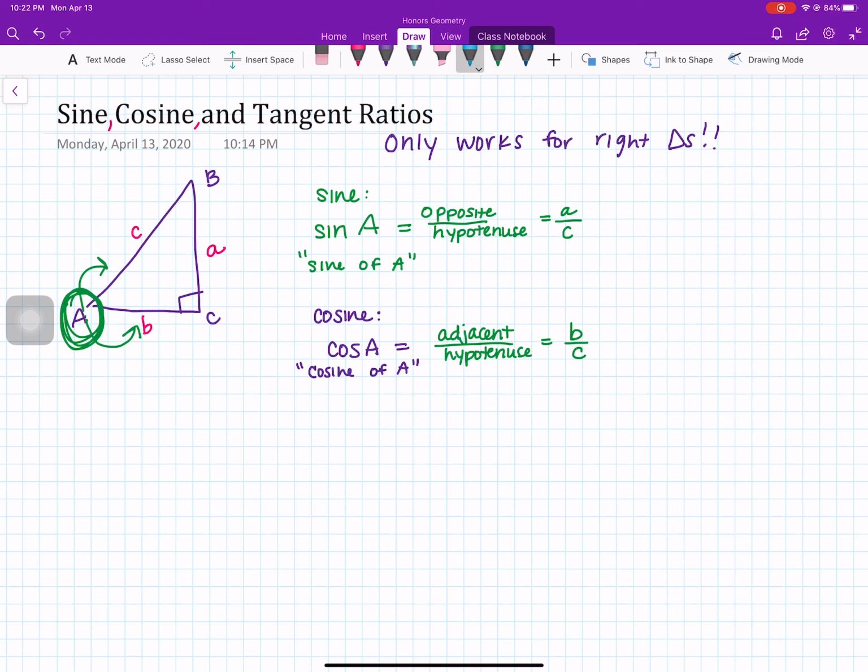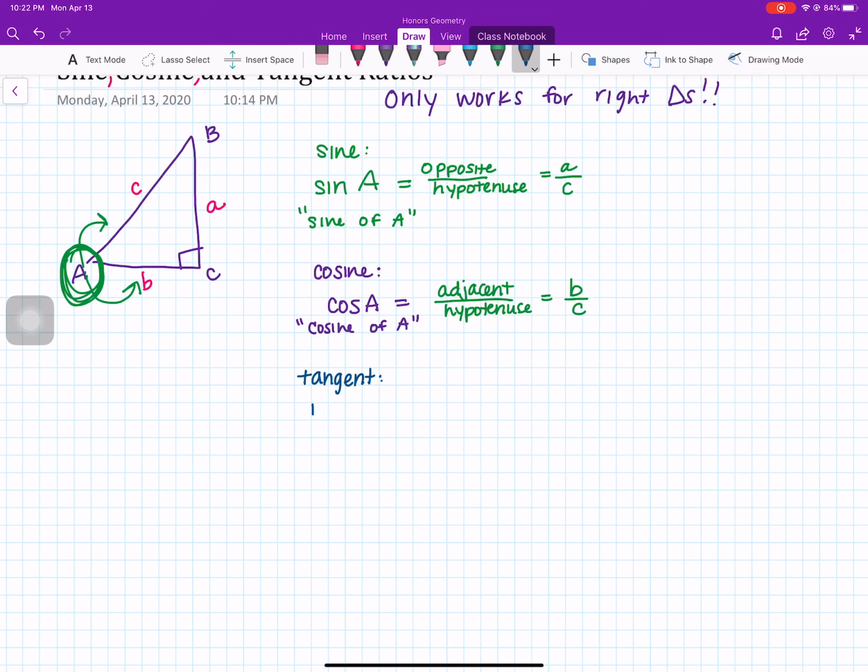And then the final ratio is tangent. The tangent ratio, we abbreviate it TAN. So we would say tan A if we're talking about angle A, or the tangent of A. Is the opposite side over the adjacent side.